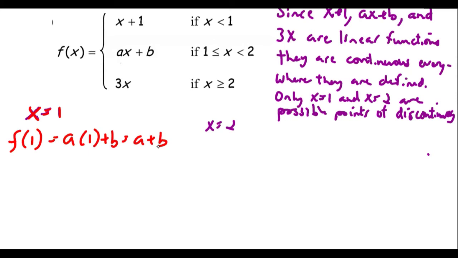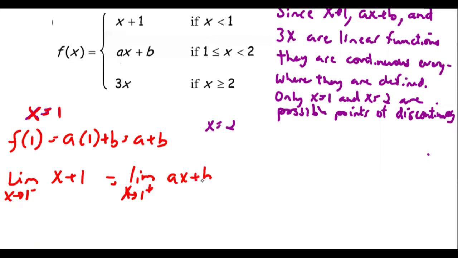A plus b. Then for the limit of the piecewise function, that means the limit as x approaches 1 from the left. And which equation would that be? x plus 1, the top equation, must equal the limit as x approaches 1 from the right, which would be the middle equation, which is ax plus b.